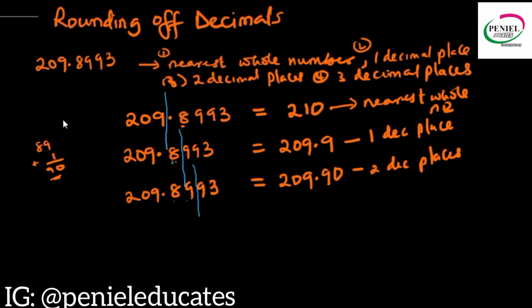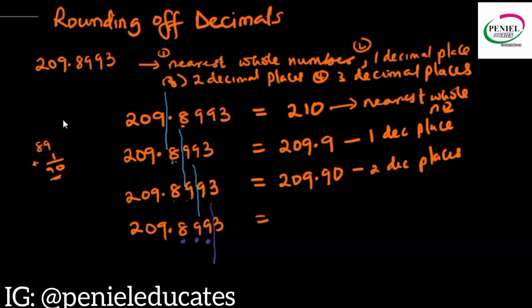Now let's correct to 3 decimal places, 209.8993. For example, this is 1 decimal place, 2 decimal places, and this is 3 decimal places. Then I draw my line here. Now look at this number that is behind this place.